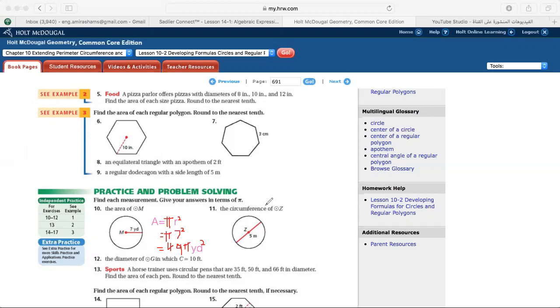Circumference of circle Z. What do I have here? Do I have the diameter or the radius? I have the diameter. So I'm going to use the formula that has the diameter. Circumference C is equal to pi d.